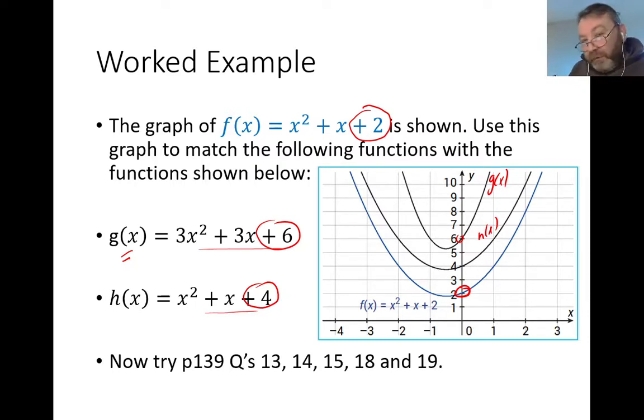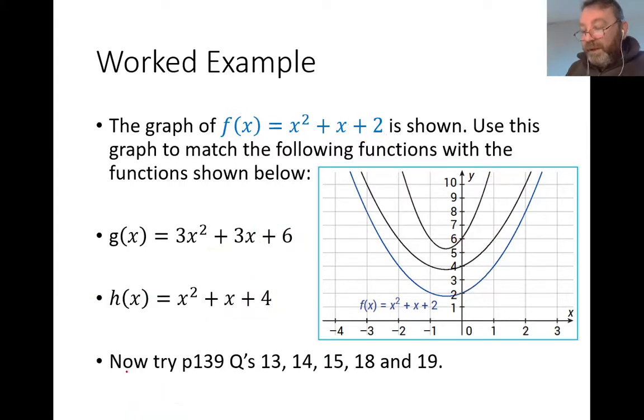Is there any other way to do this? Well, let's take the coefficient of the x squared term instead. Notice here that we start off with x squared. And in this one, we've got 3x squared, and this one here, we've got x squared. So we know what the blue one is, okay?